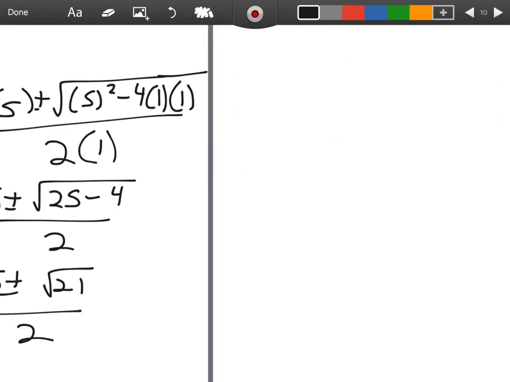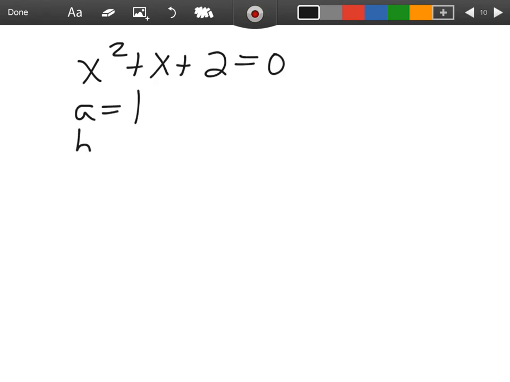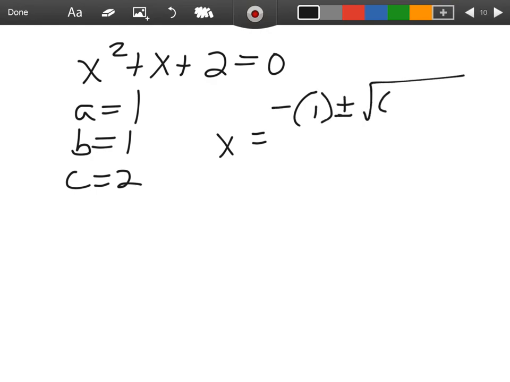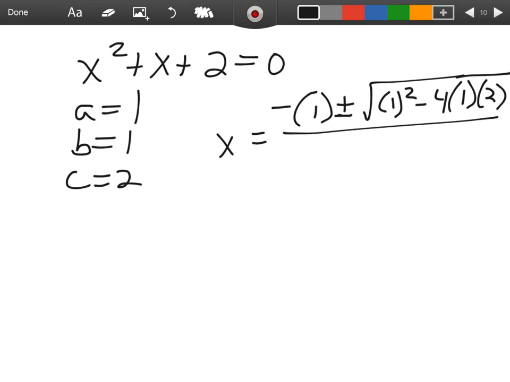Okay? Another example, x squared plus x plus 2 equal to 0. That's A equal to 1, B equal to 1, C equal to 2. Negative B plus or minus the square root of B squared minus 4AC all over 2A.